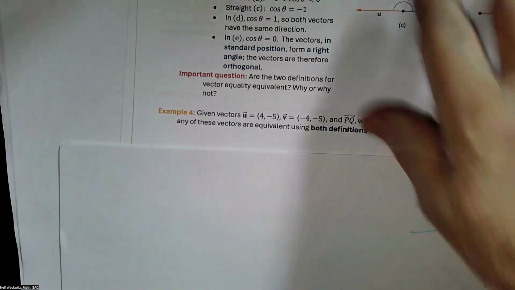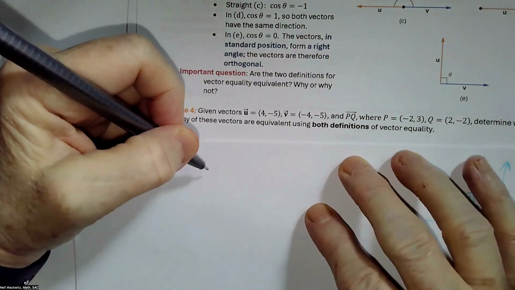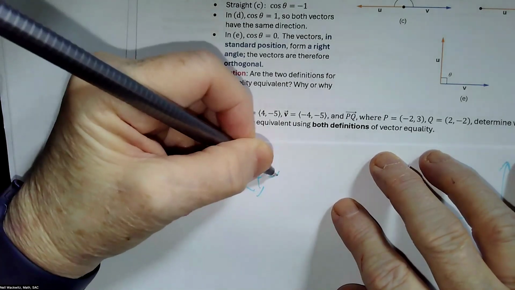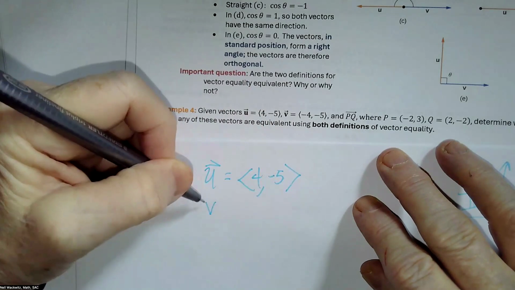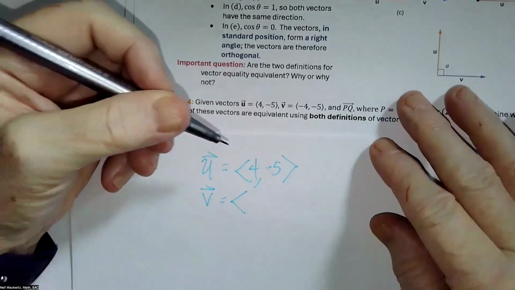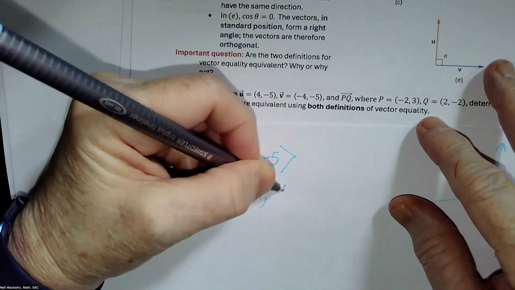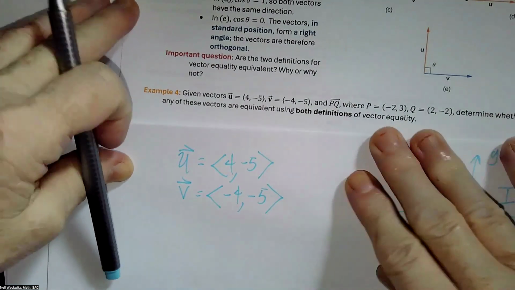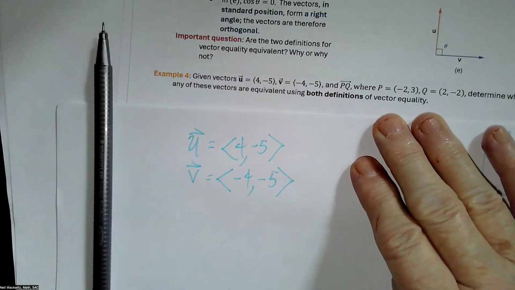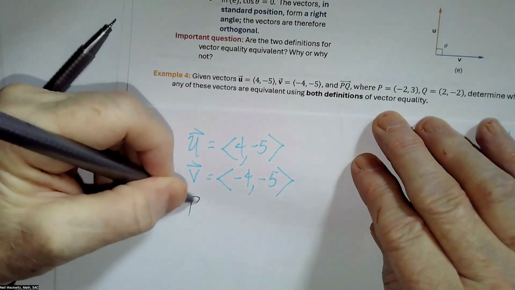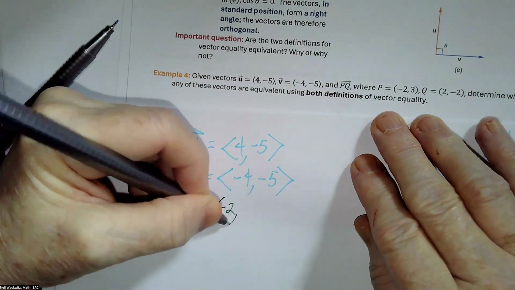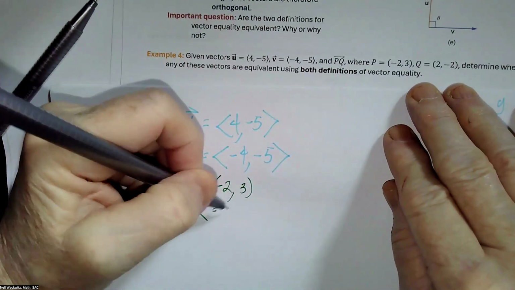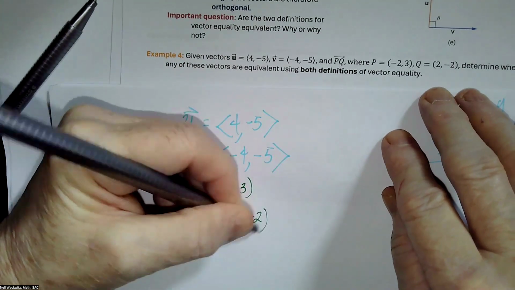So let's see. We've got u is 4, -5. V is -4, -5, and PQ, where P is -2, 3 and Q is 2, -2.